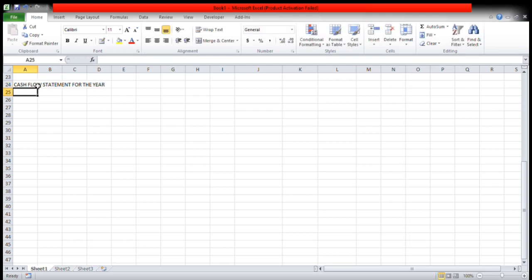The first item here is going to be the cash flow from operating activities.